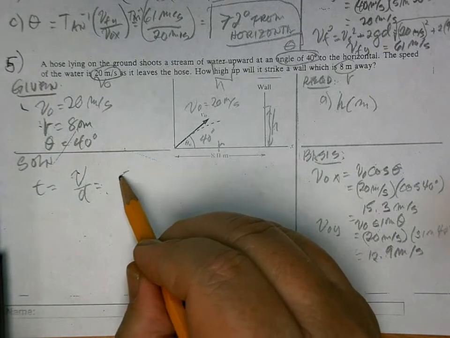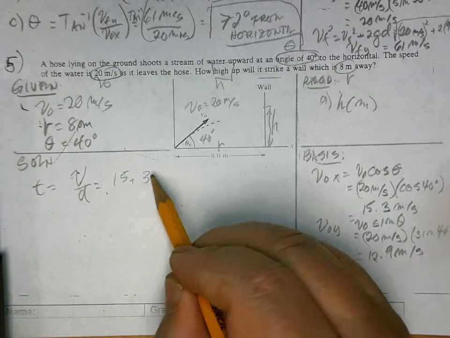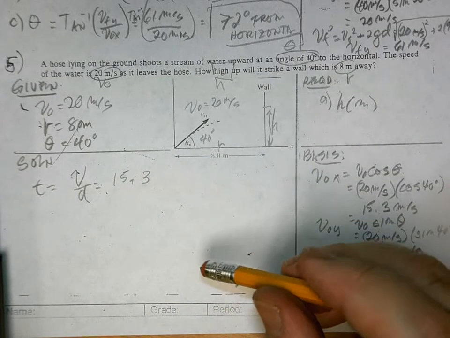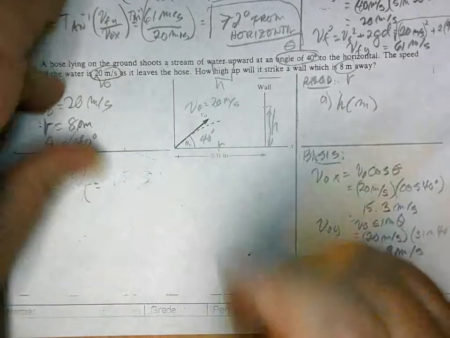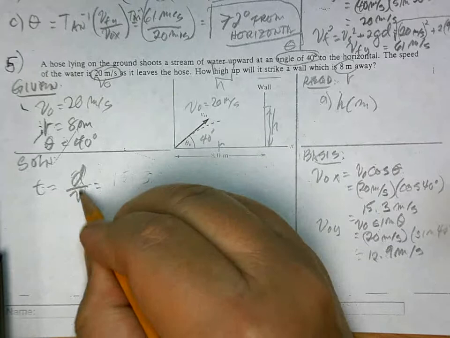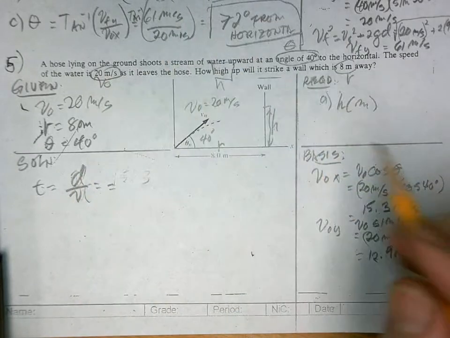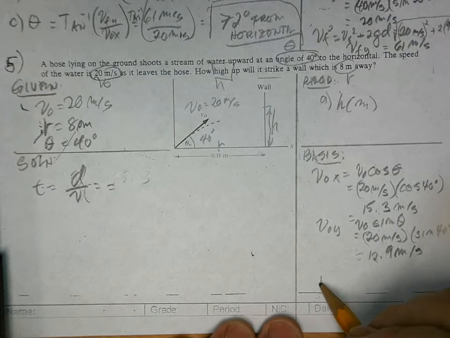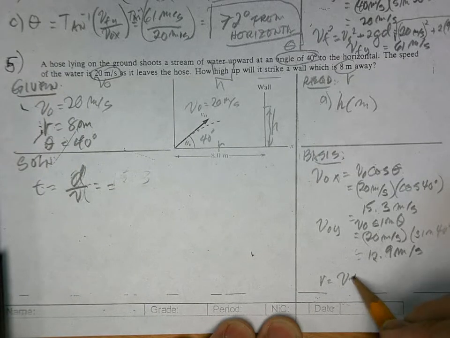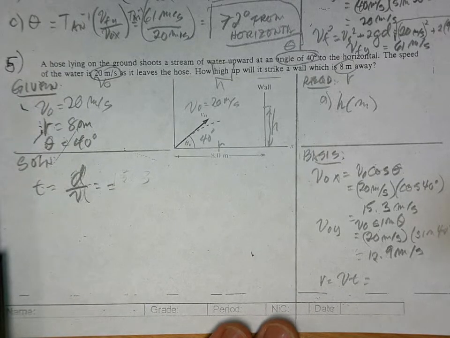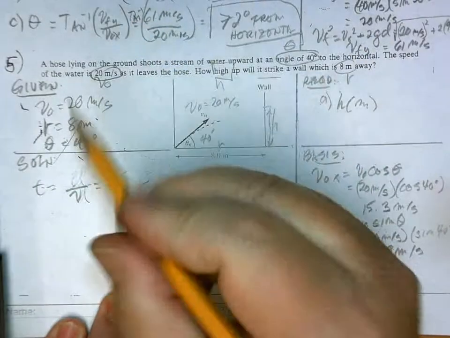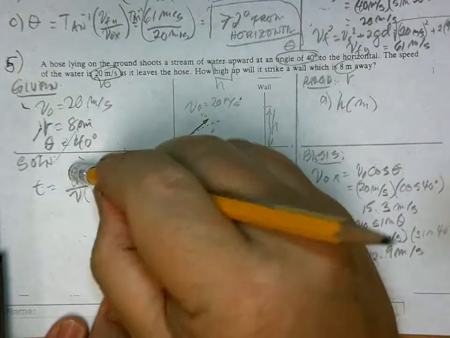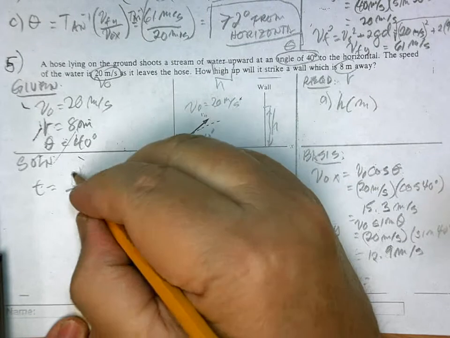The basis is r is equal to vt for constant velocity. So, solving for t, it's r over v. Make it look like an R.